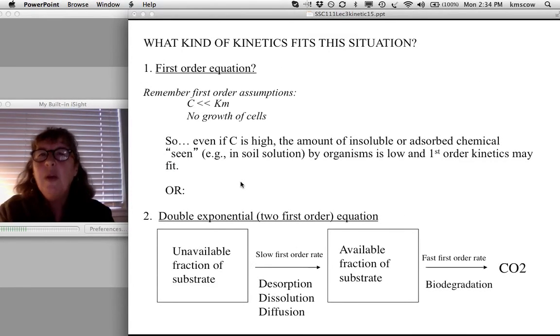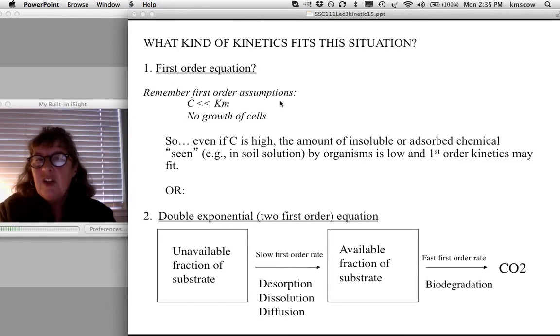So what kind of kinetics fits that situation? Well, actually, sometimes first order works. Remember, first order applies when the substrate concentration is much, much lower than Km.